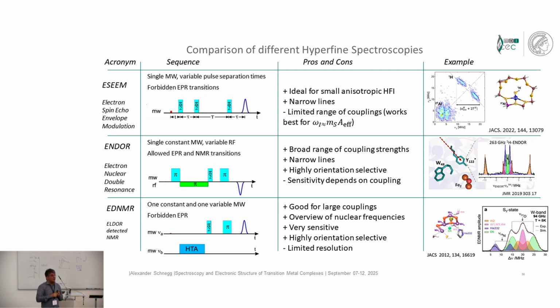But in fact, on top of this mono-exponential decay, you also see oscillations, and they are coming from nuclear coherences, and you can Fourier transform such decays and get a spectrum which is ideal to detect small hyperfine couplings and narrow lines, but these coherences only appear under certain coupling conditions. Therefore, this is very powerful, but not applicable in all cases.